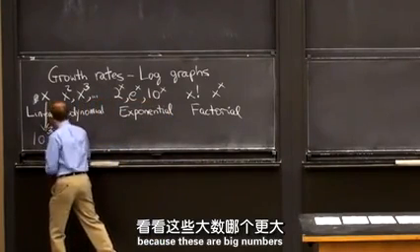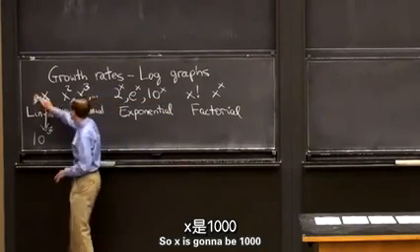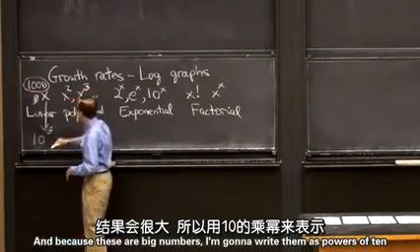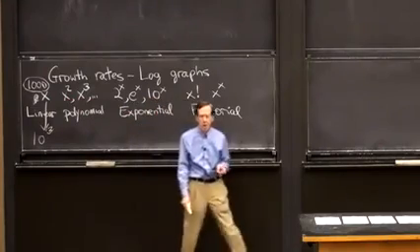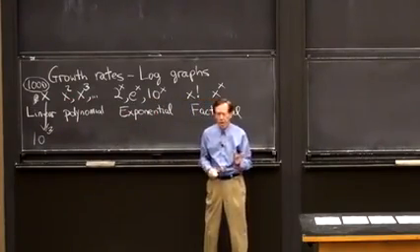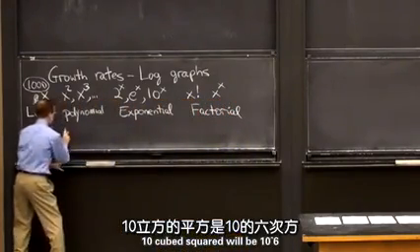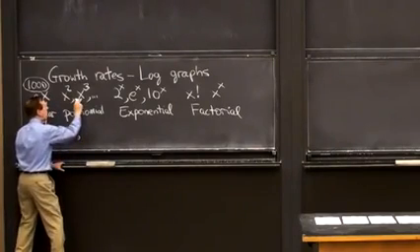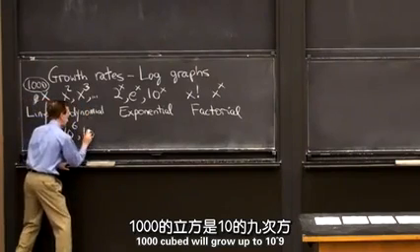Because these are big numbers, I'm going to write them as powers of 10. Okay. So how about 1,000 squared? 10 cubed squared will be 10 to the 6th. 1,000 cubed, we're up to 10 to the 9th.